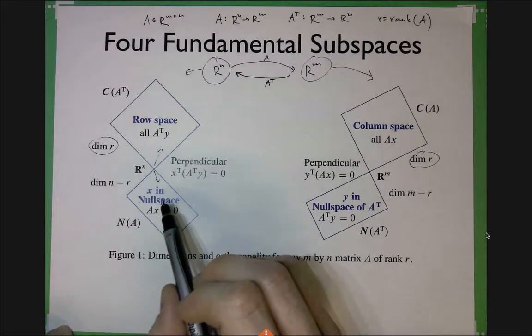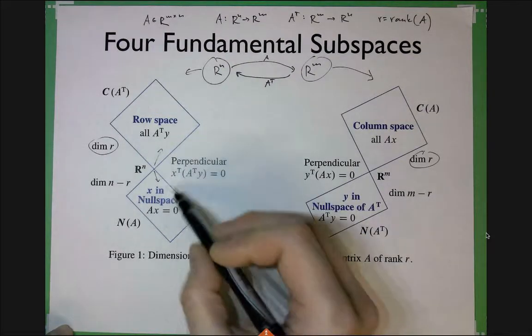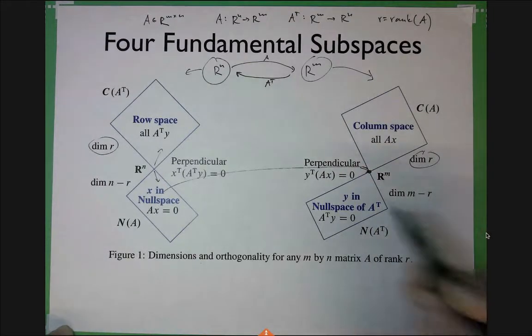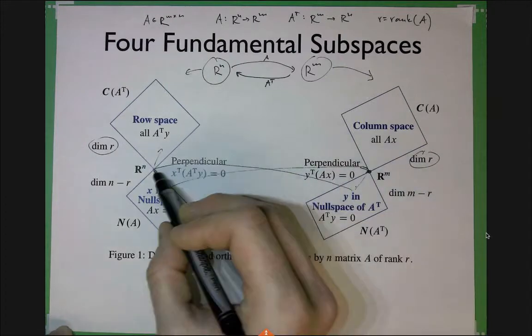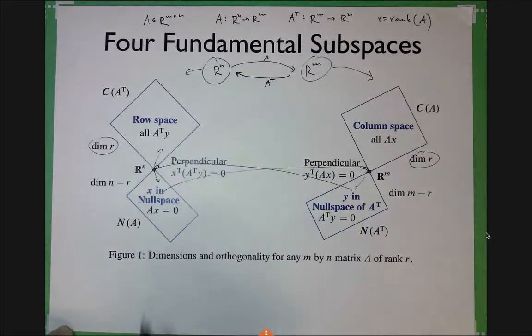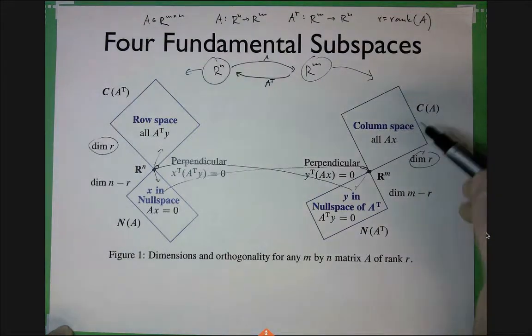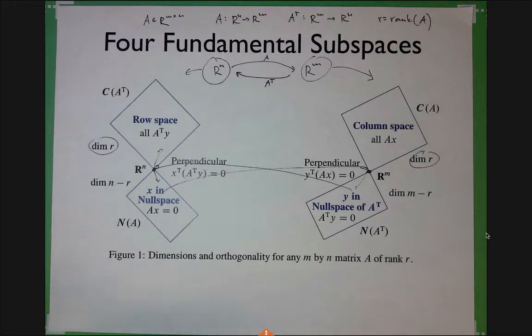So the idea is that all the vectors from the null space map to 0. Similarly, A transpose maps all vectors from here to 0 here. And all vectors in the row space map to some non-zero vector in the column space, and the other way around. All non-zero vectors in the column space map to a non-zero vector in the row space.